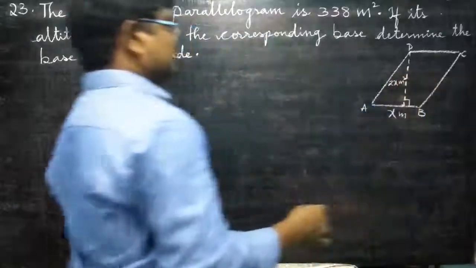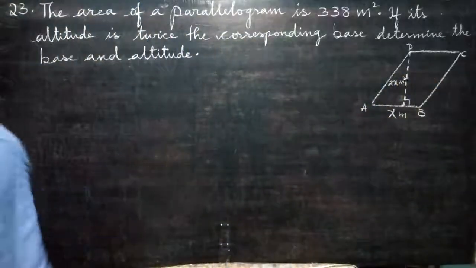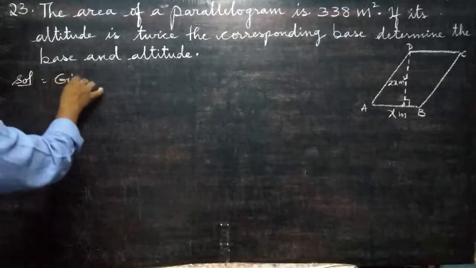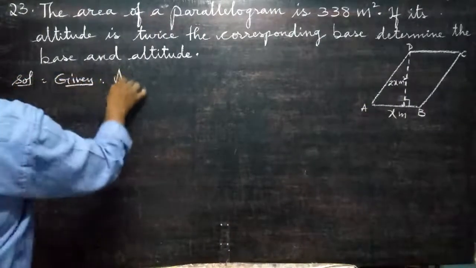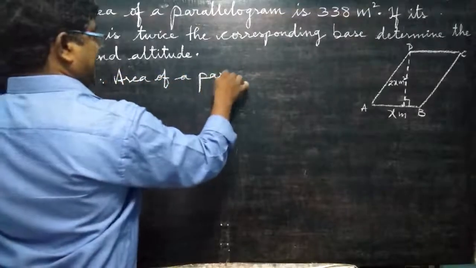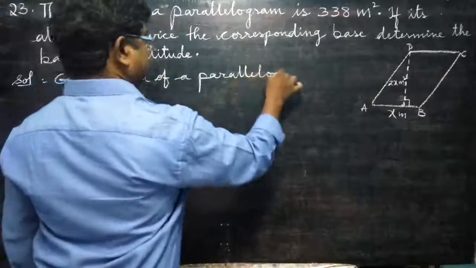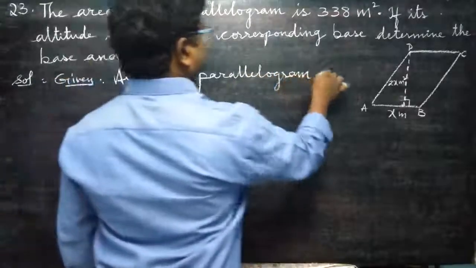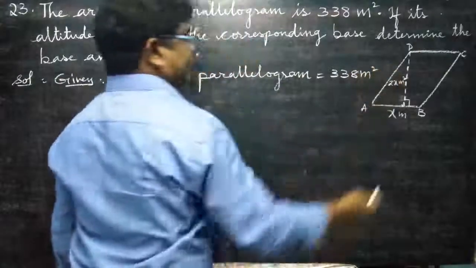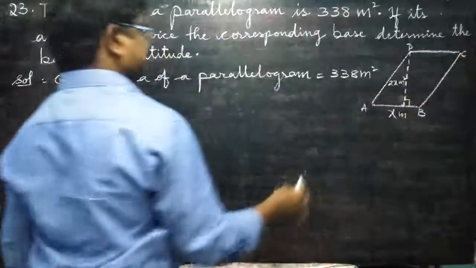Are you able to follow? So twice means 2. Now solution given. What is given first? Area of a parallelogram is given. How much they have given? 338 meters square. Area means this whole part.